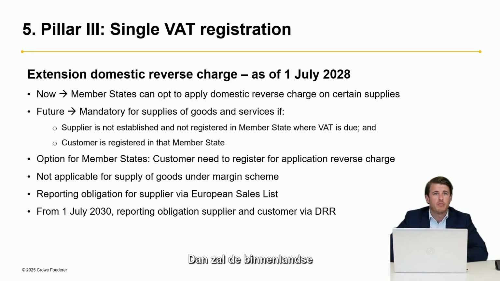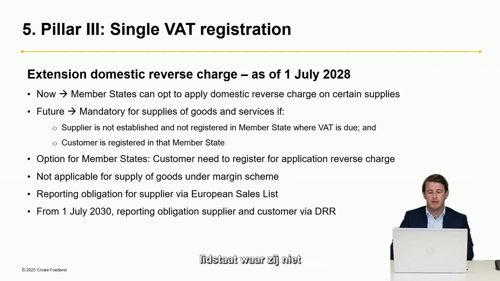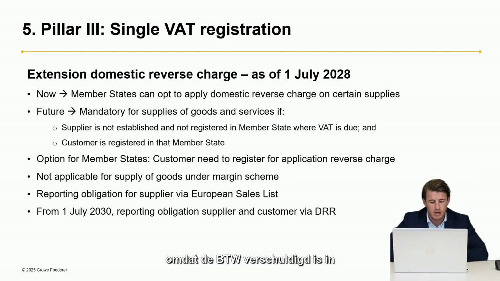Then the domestic reverse charge mechanism for B2B transactions will also be extended. Currently, suppliers may be required to register for VAT in a member state where they are not established, because the VAT is due in the member state where the supply of goods or services takes place.